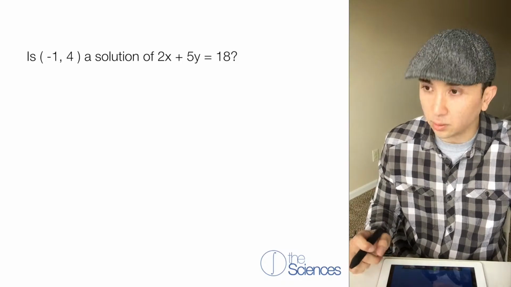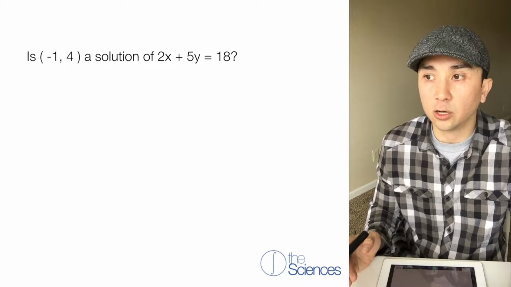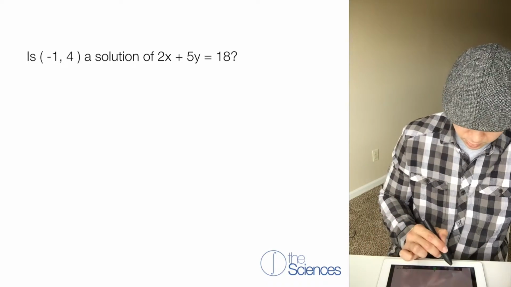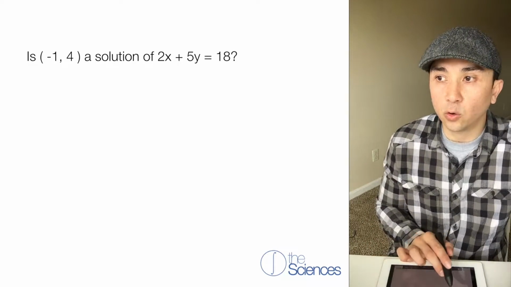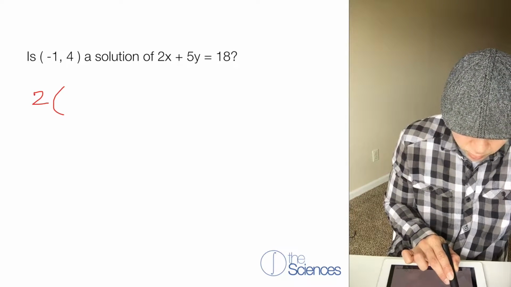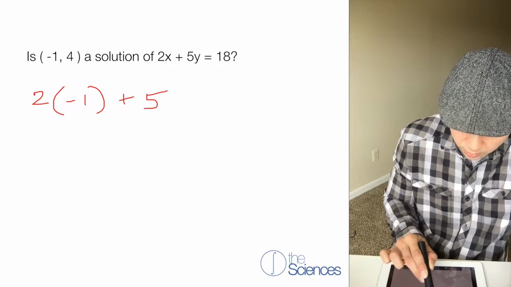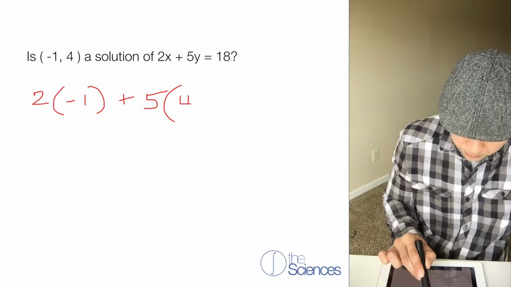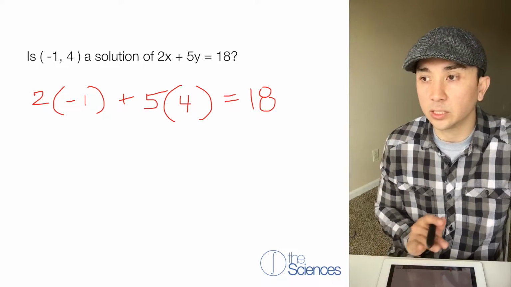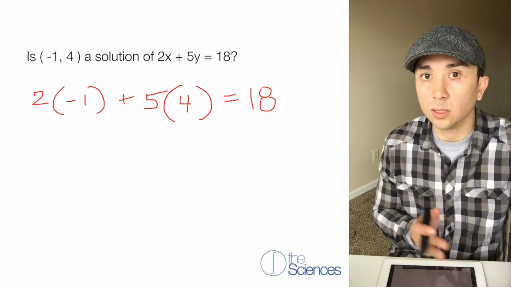So let's do an example. Is (-1, 4) a solution of 2x + 5y = 18? So all we're going to do is substitute the coordinates in the equation. So here we have 2x, or -1, plus 5y, and y is 4, equals 18. So now we're going to solve this equation, and the left side should equal the right side.